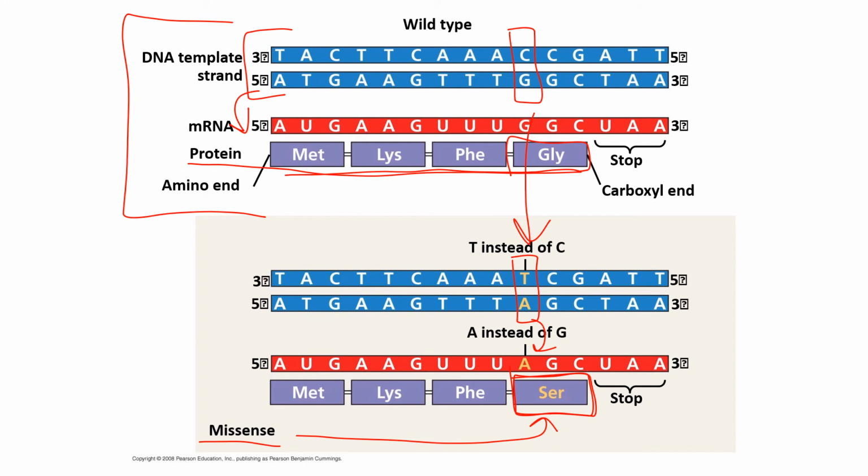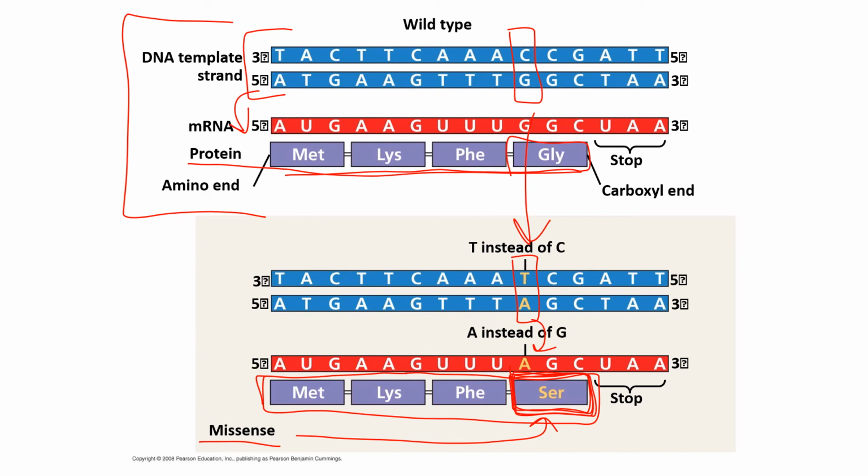Now the effect this would have on the organism is unknown. If this is a really important amino acid for the three-dimensional structure of the protein, and if this change leads to a change in the structure of the protein, then that will probably have a negative effect on the cell. The assumption you want to make is that every protein a cell produces is important to the function of the cell. So if it produces a protein that can no longer function, that's probably going to have a negative effect on the cell.